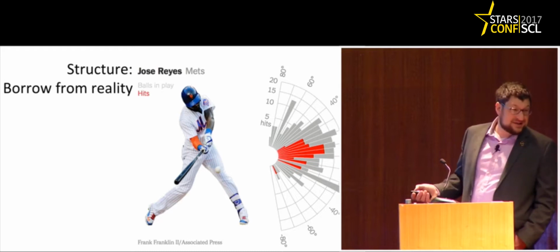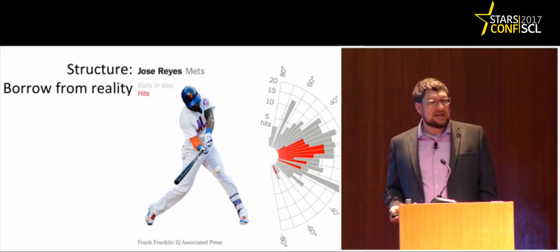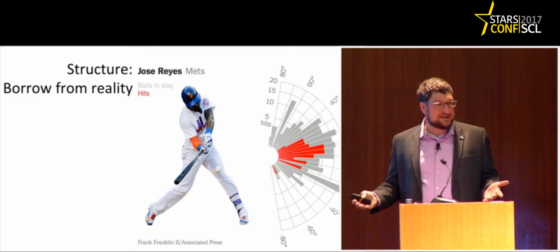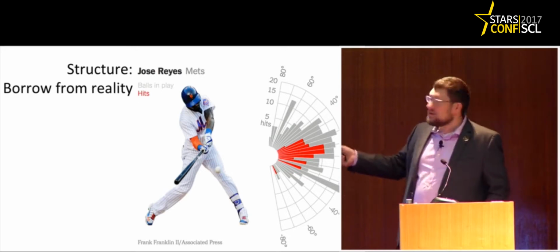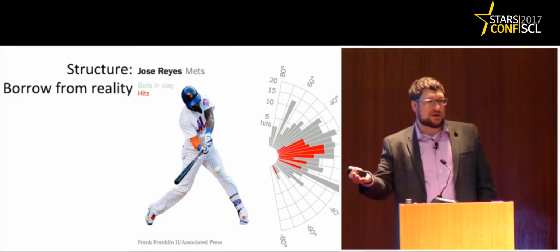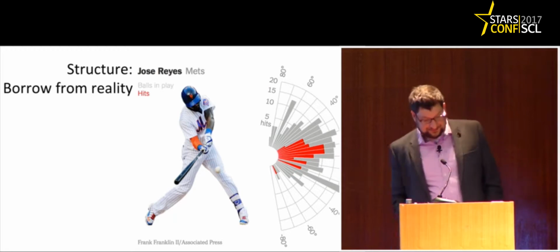When he hits up there, not much luck. But right through the middle, that's pretty good. So you could graph this with a scatter plot. You could uncurve this and just do a bar graph. That would be fine. But the reality that people are familiar with of how the balls fly up in the air, go on the ground, makes it easier to understand the data very clearly in this situation.